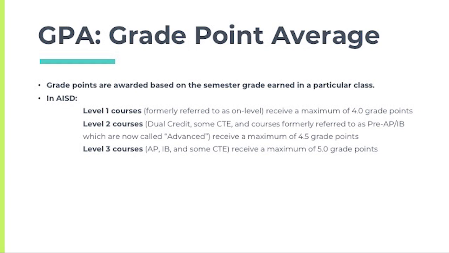We're referring to those as advanced, and that has to do with the College Board copyrighting the term pre-AP and charging schools a fee to use it, and Allen ISD opting out of paying that fee, so we just decided to rename the courses. Level 2 receives a maximum of 4.5 grade points. And the level 3 courses, which used to just be AP and IB, and moving forward will include some CTE courses, receive a maximum of 5.0 grade points.